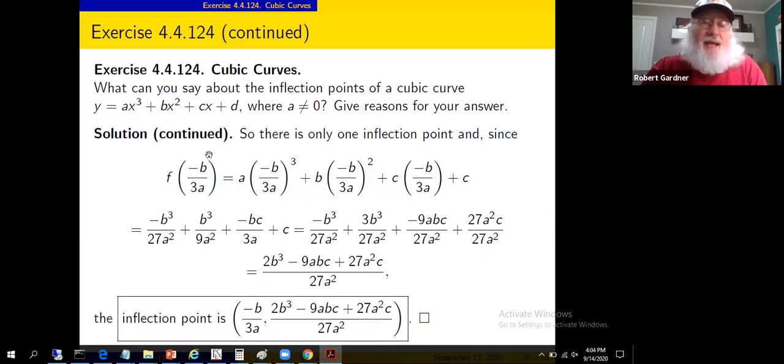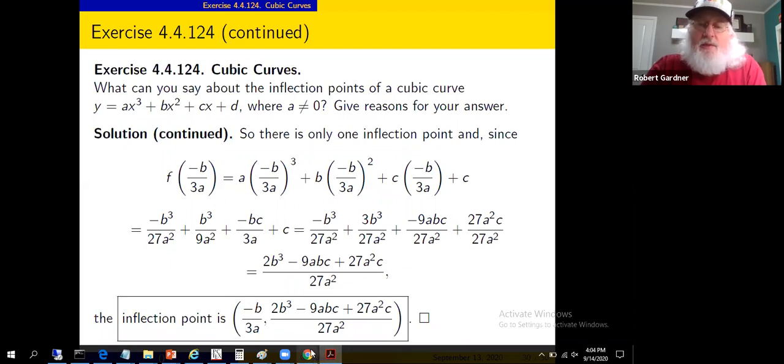We can plug that negative b over 3a in, find the corresponding function value. Nothing pretty about this, but there's what you get out of the function. So what can you say about the inflection points? There's one, and that's it. I can't tell you about concavity unless you tell me about a, but I can tell you one point of inflection, and that's it.